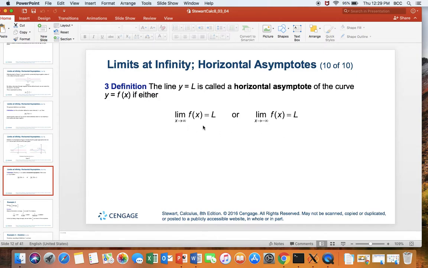Even if one of these happens, then the line y equals L is called a horizontal asymptote. So to repeat, the line y equals L is called a horizontal asymptote of the curve y equals f(x) if either limit as x approaching infinity of f(x) is L, or limit as x approaching negative infinity of f(x) is L.